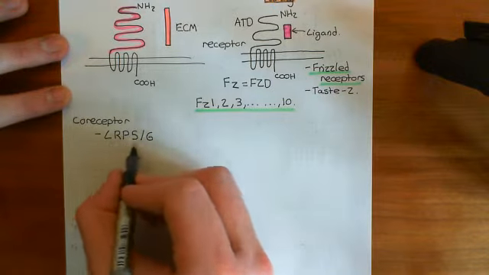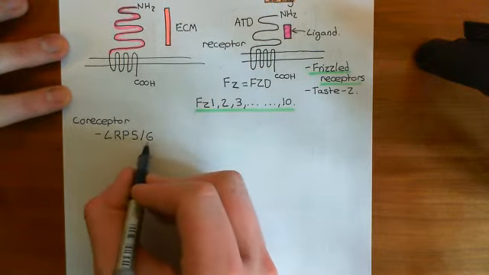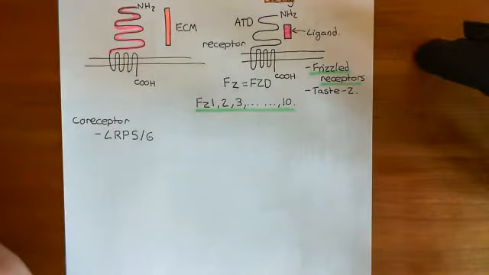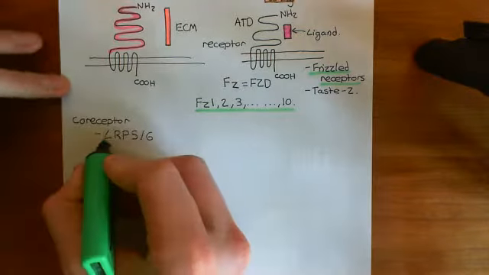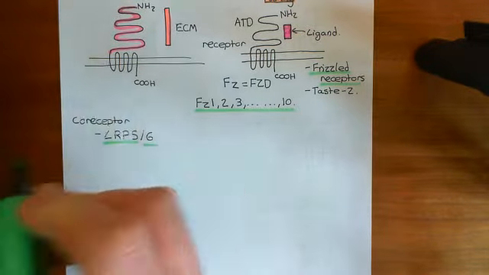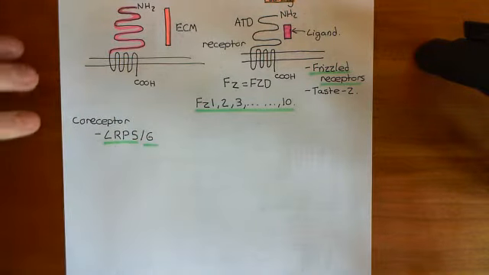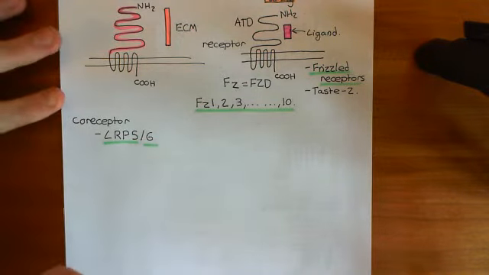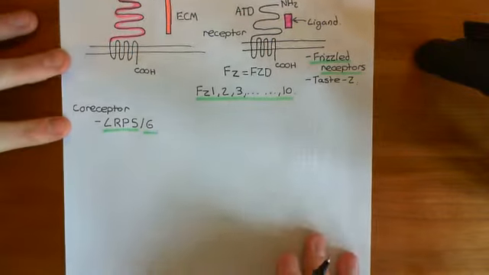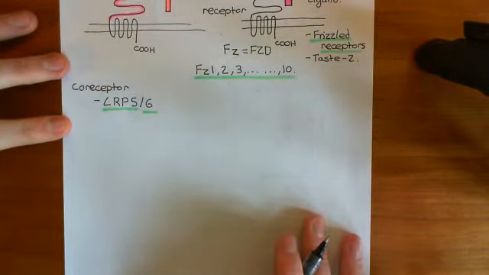We will often just write LRP5/6 to mean one of LRP5 or LRP6. They are two separate proteins, not just one, but they perform the same function as far as we are concerned with the Wnt beta-catenin pathway.